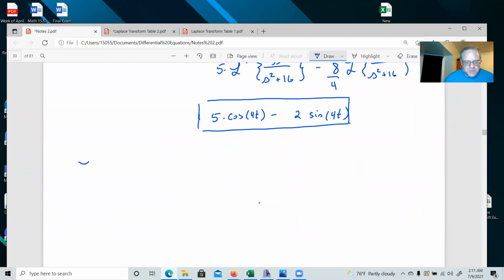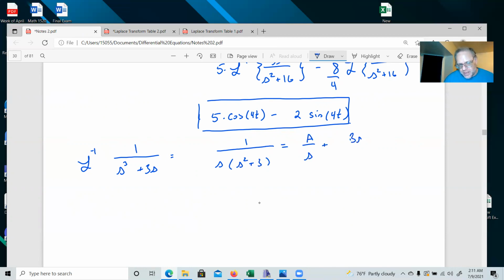Okay, we want the inverse Laplace transform of 1 over s cubed plus 3s. Well, most of your life now is going to be dealt with partial fractions. So this is A over s plus (Bs plus C) over s squared plus 3.